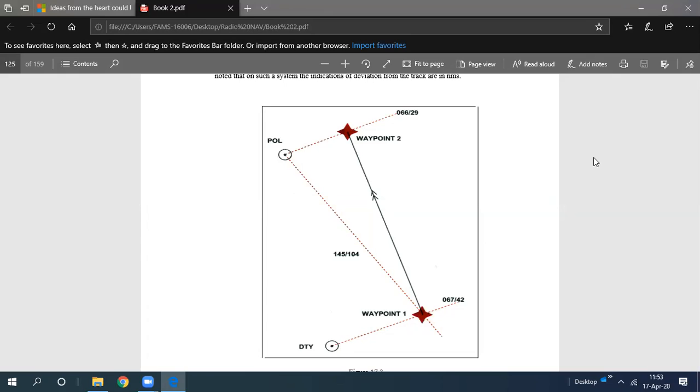Similarly, whenever any deviation is there, it's only in terms of the horizontal part of the system. This is as far as this is concerned. Nothing much is required as far as area navigation is concerned.